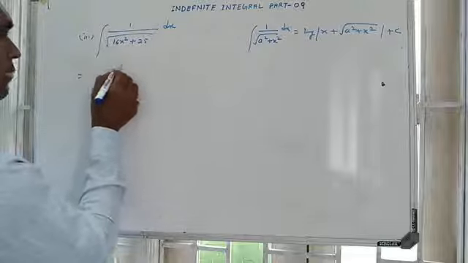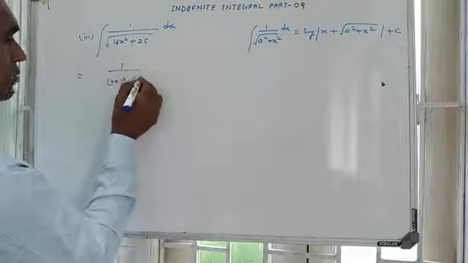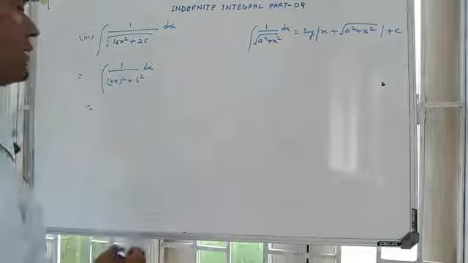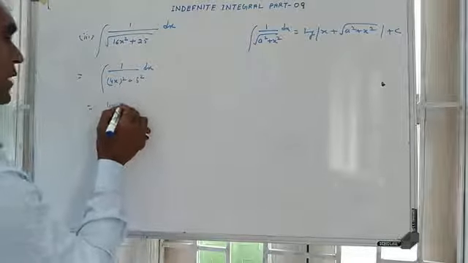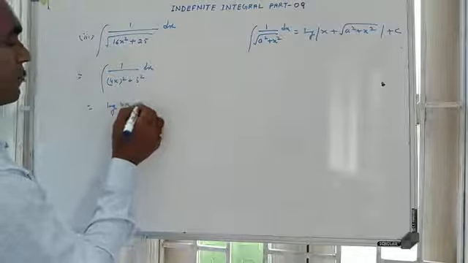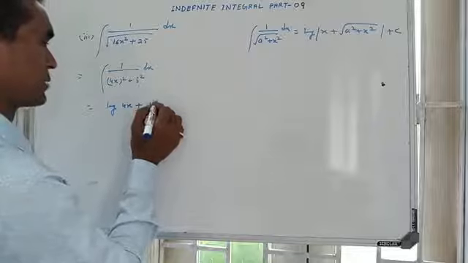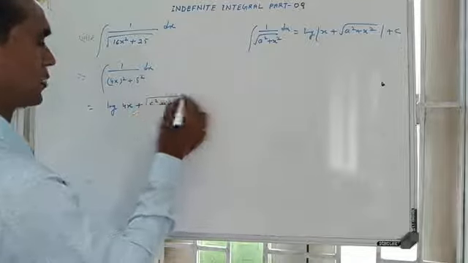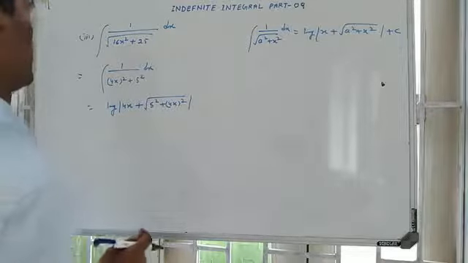So 1 by root of 4x whole square plus 5 square, dx. Now it is in a square plus x square form, so directly we apply the formula log of x plus root over a square plus x square. X is 4x, a square, that means 5 square, plus 4x whole square under root, and divided by coefficient of x.